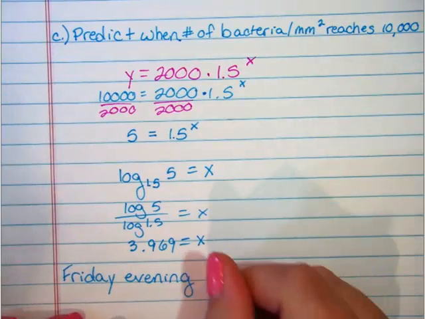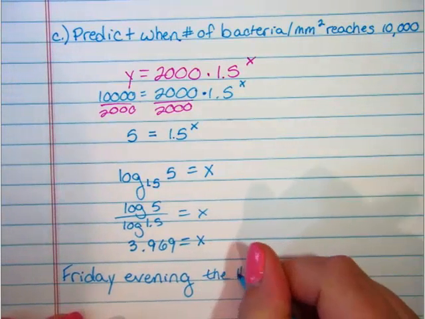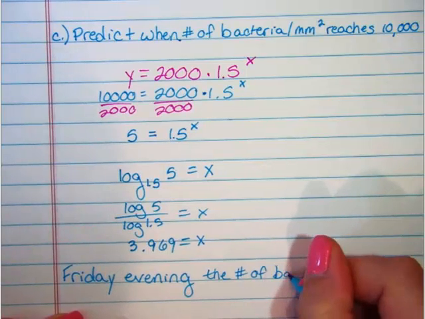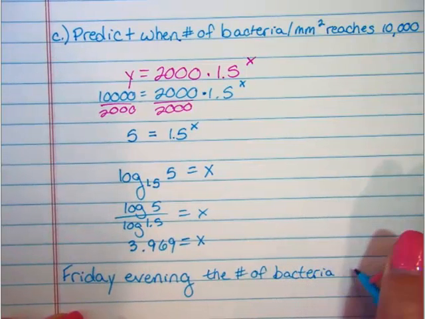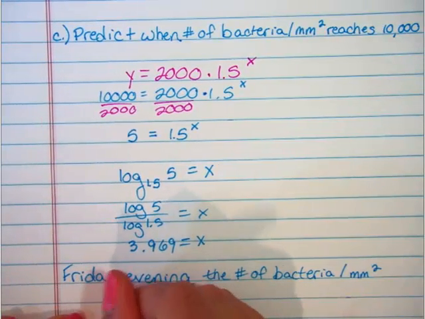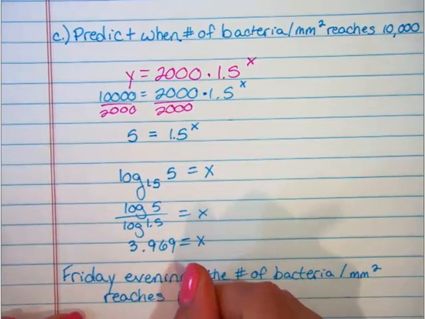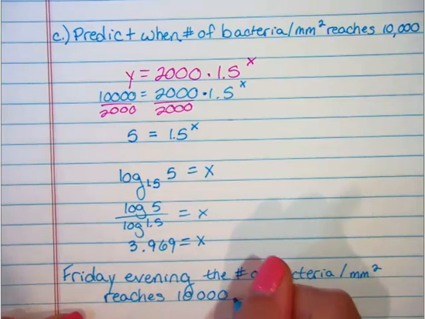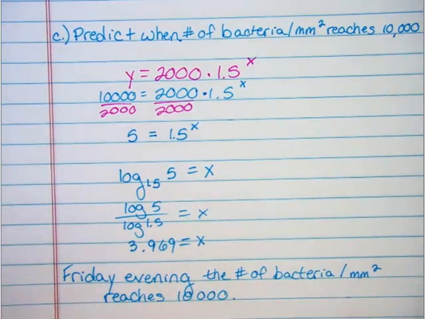Friday evening, the number of bacteria per square millimeter reaches 10,000. Again, rounding is important, making sure that you're not rounding too far up. It looks like it should be 4 days later, but it's just under 4 days later, which, if this started at midnight, would happen Friday evening.